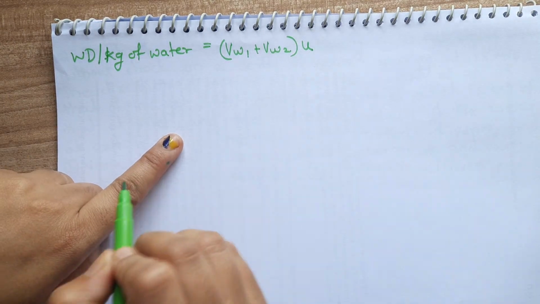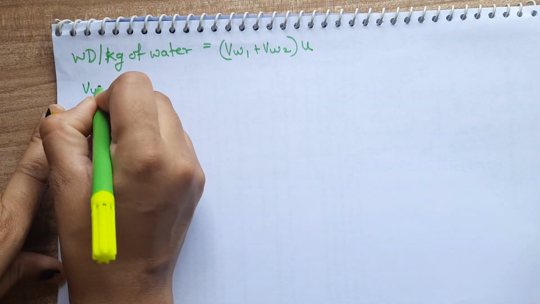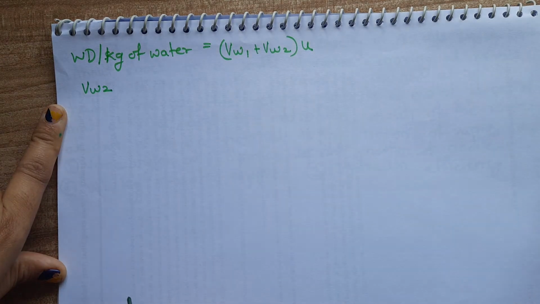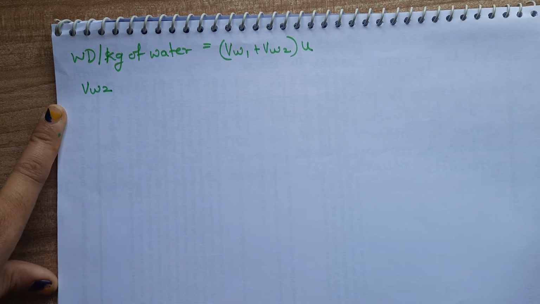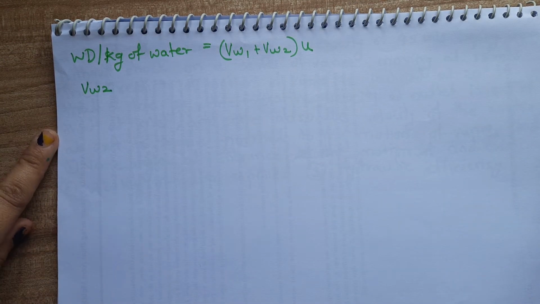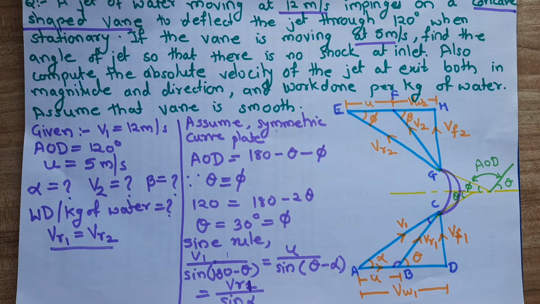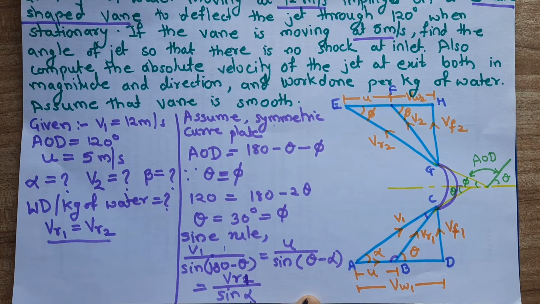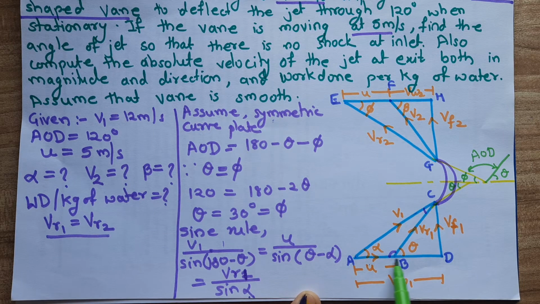Now VW2 we have already found, right? Now the next task is to find VW1. How to find it? Let's see the inlet triangle once again. Here, when we want to find VW1, we must know alpha and V1. Alpha we have already found.